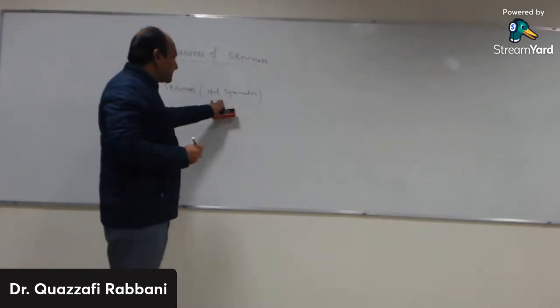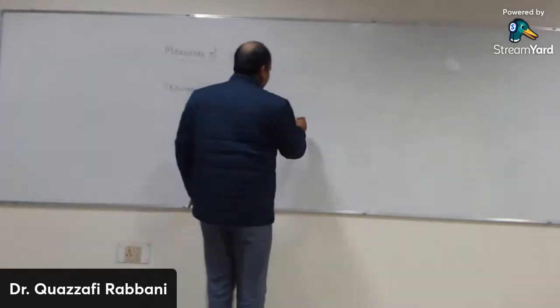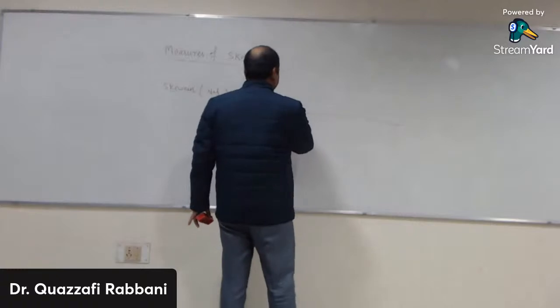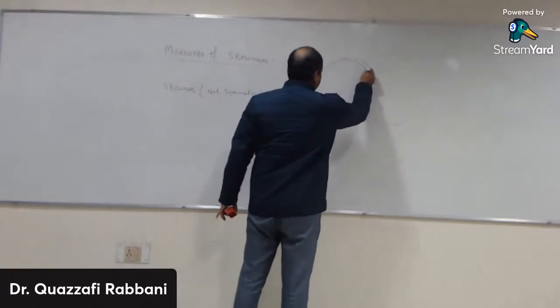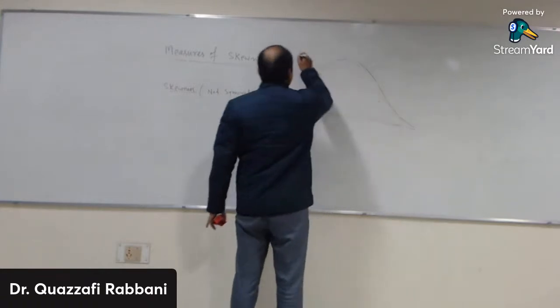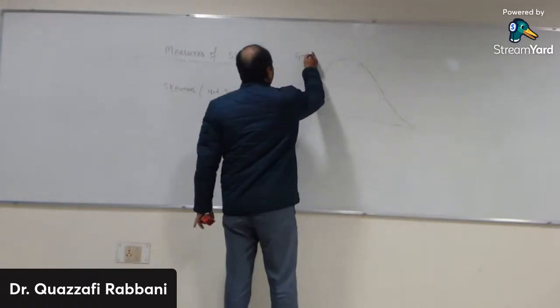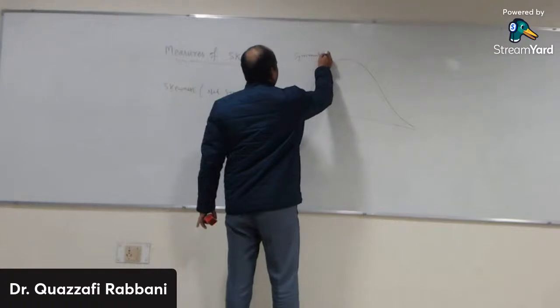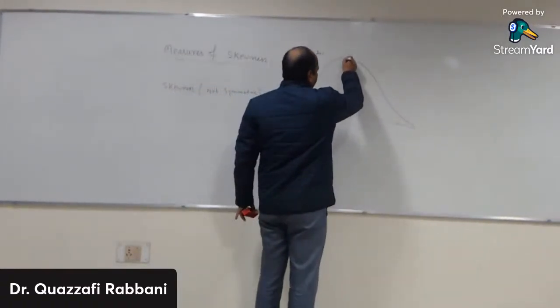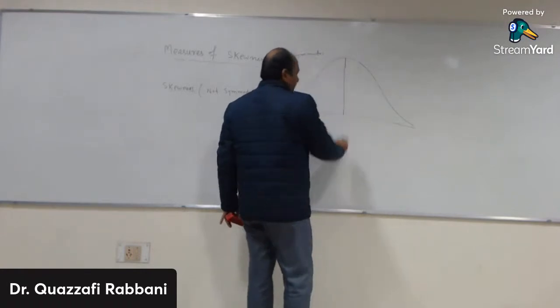So what is symmetry? Symmetry is a curve like this. This is symmetric. Or you can also say this is the normal curve.